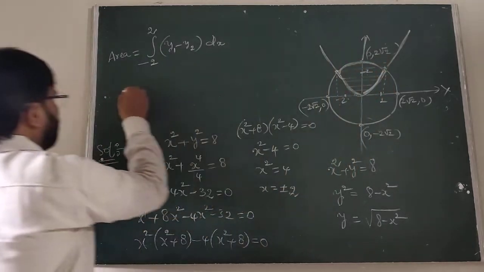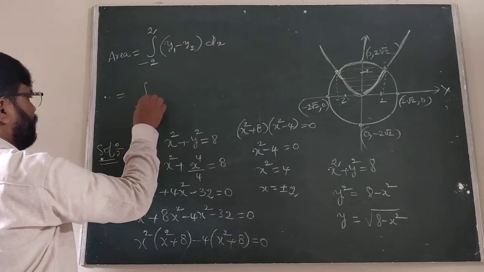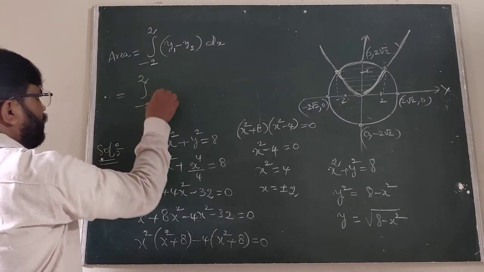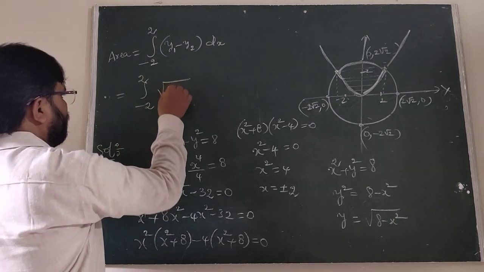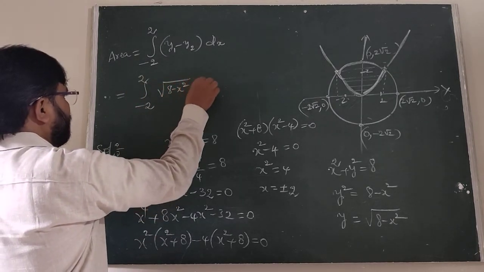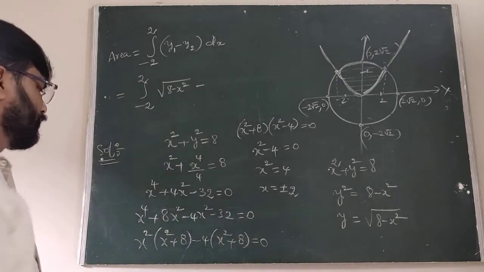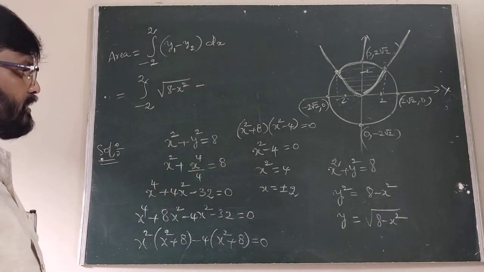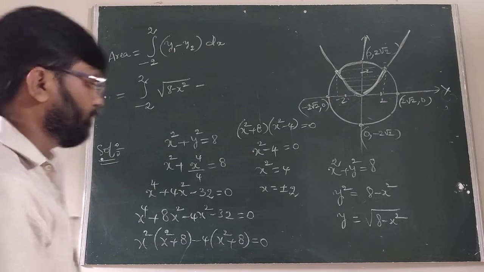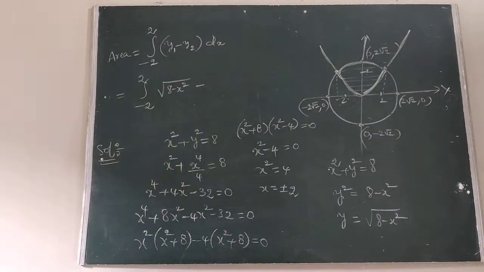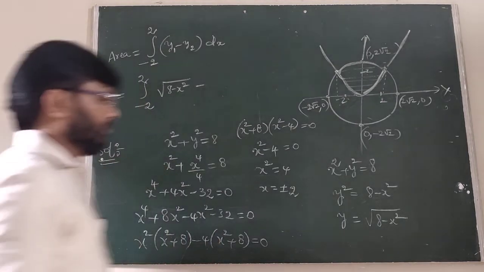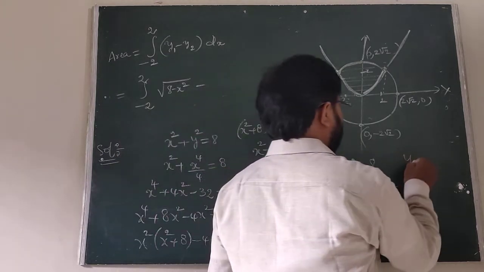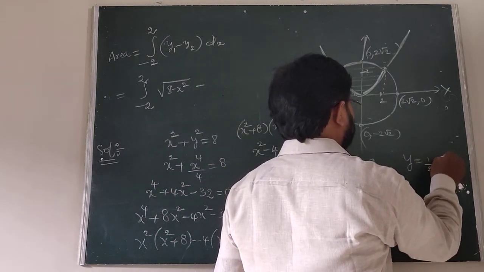Now we can write the integral from minus 2 to 2 of under root of 8 minus x square, minus y2. What is y2, students? y2 is the parabola. The parabola is given as y equals 1 by 2 x square.